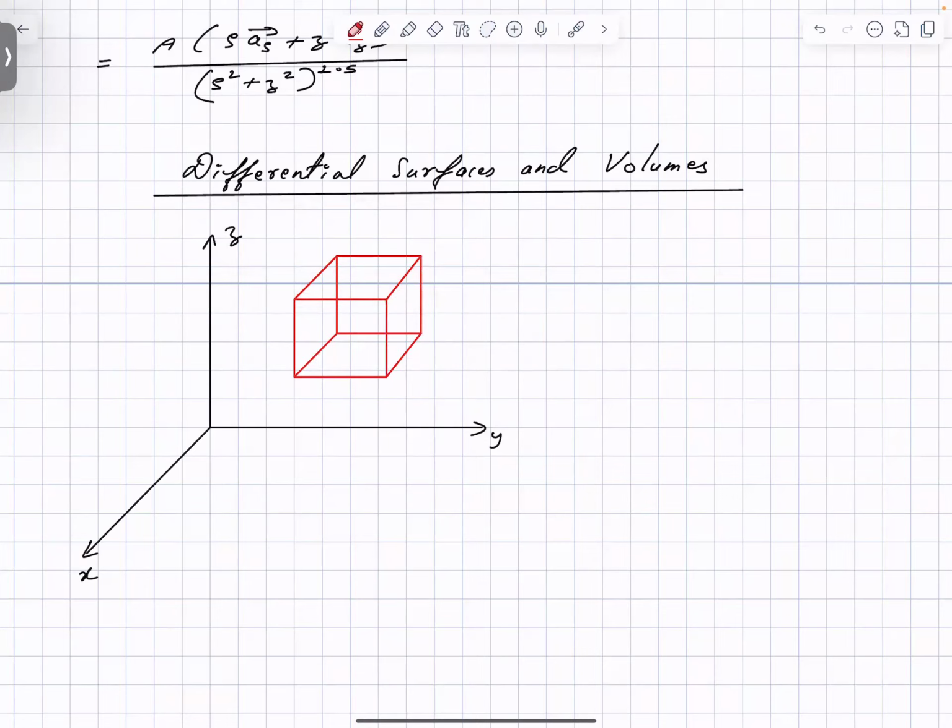So in the x direction, okay, so this length is dx. In the y direction, we have dy, and in the z direction, it is dz. What is the volume of this box?